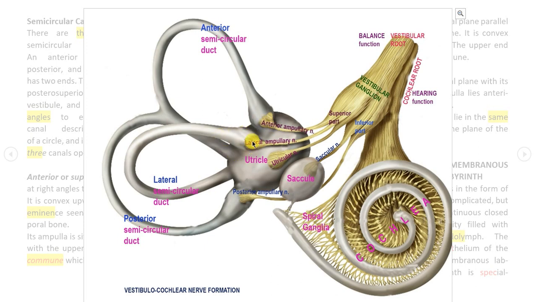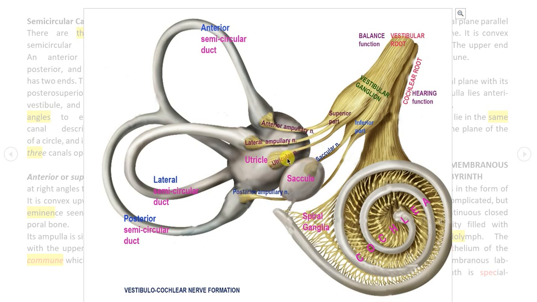This is the ampulla of the lateral semicircular canal, crista ampullaris inside, innervated by the lateral ampullary nerve. This is the ampulla of the posterior canal. Inside there is a crista ampullaris. It is innervated by the posterior ampullary nerve. So we have anterior, lateral and posterior ampullary nerves for the ampulla and the sensory receptor epithelial cells of the ampulla, the crista ampullaris.